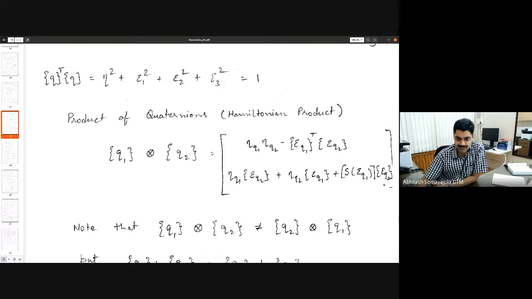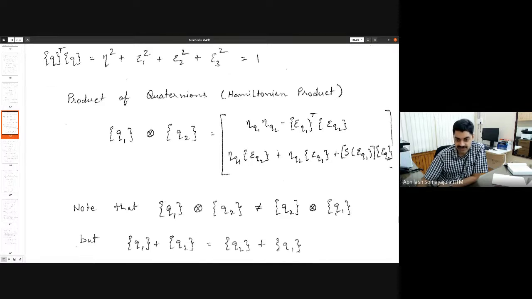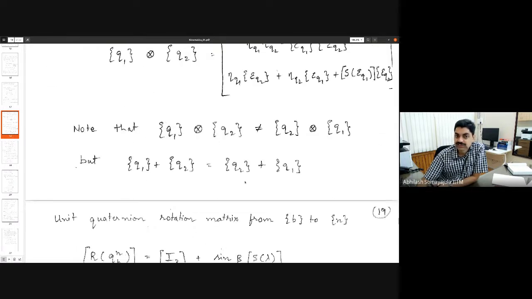We notice that because of this last term, S of epsilon q1 times epsilon q2, the product of two quaternions is not commutative. So if I take the product q1 cross q2, that is not equal to q2 cross q1. Notice, however, that addition is commutative. So q1 plus q2 is still q2 plus q1.